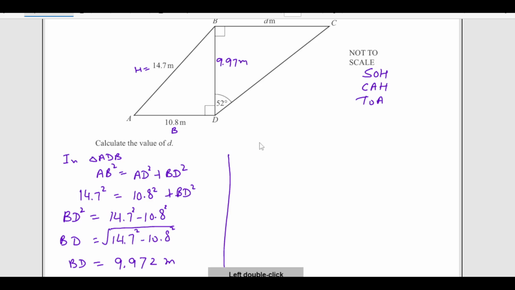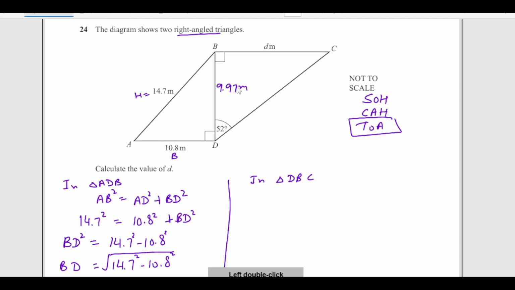Okay. So, now in the other triangle, DBC, we can use this one here. We are looking for D, actually we need to involve D. D is now opposite, and adjacent is going to be this one, for this triangle DBC. Then we have tan 52 is equal to D over 9.97.